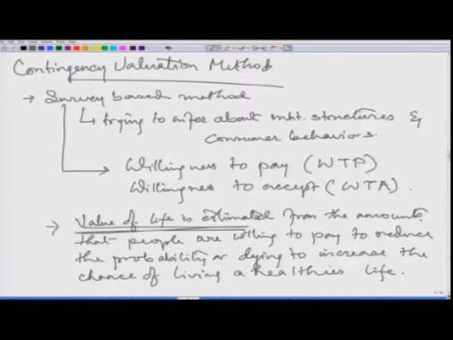So if I want to live a better life, how much will I pay? Or if I get a diagnostic system in my locality, how much would I like to pay? If I get a hospital, how much would I like to pay?